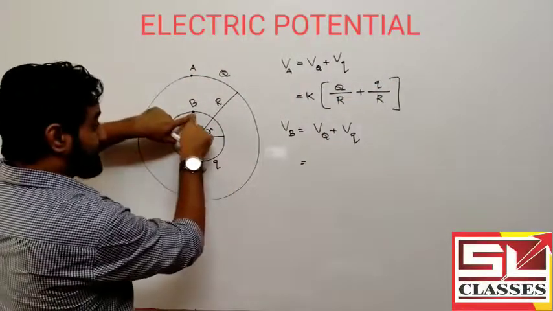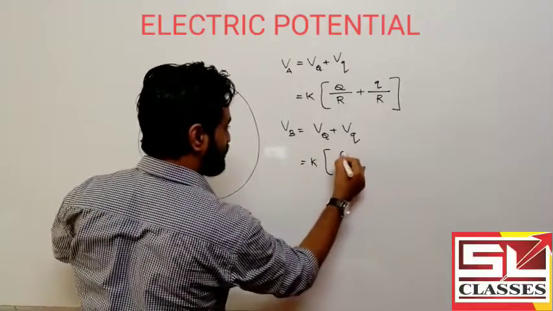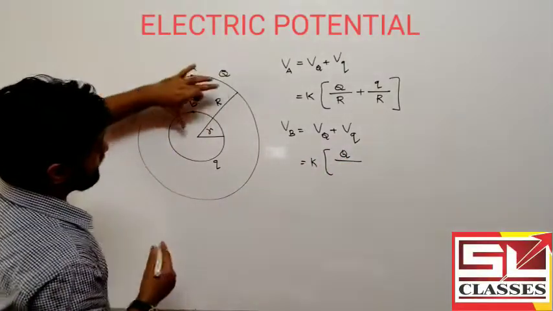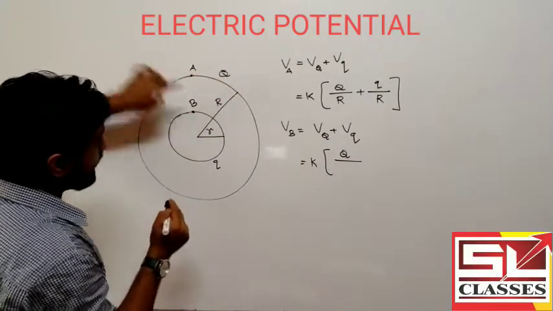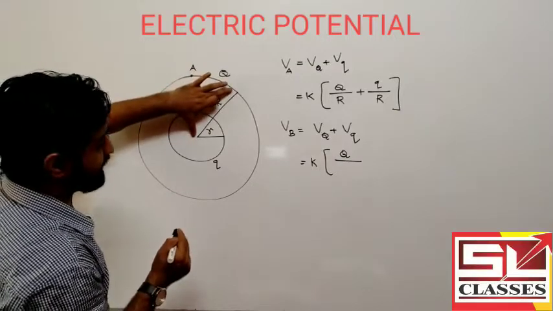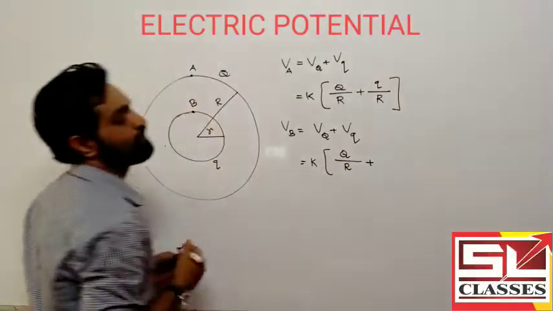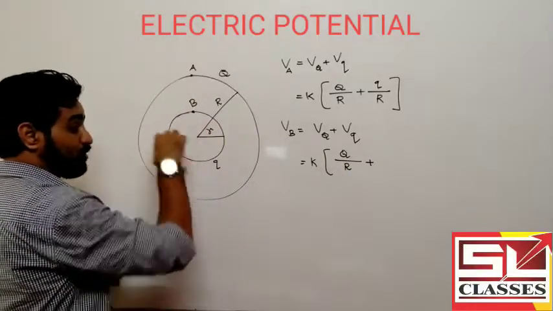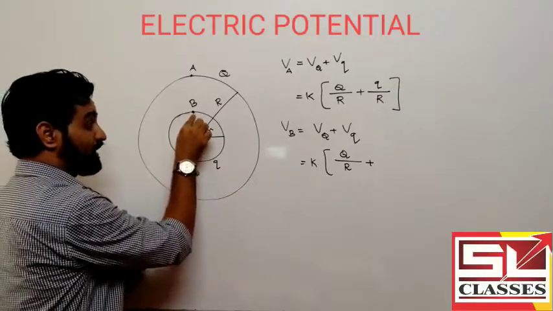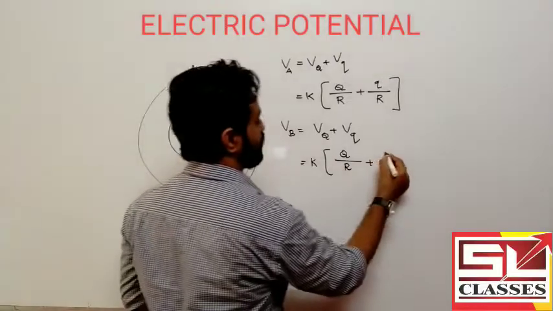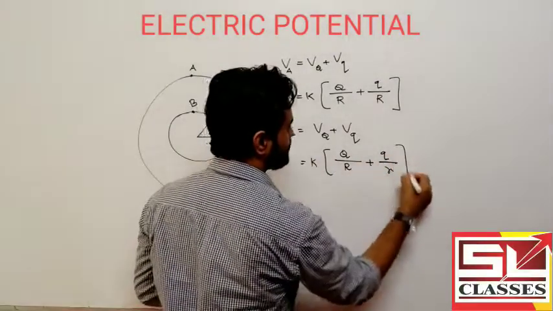So the potential will be K into Q divided by the surface distance, that is R, plus, due to small q, when we consider the small q and point B, this point is on the surface of small q, so q divided by the surface distance, that is small r.